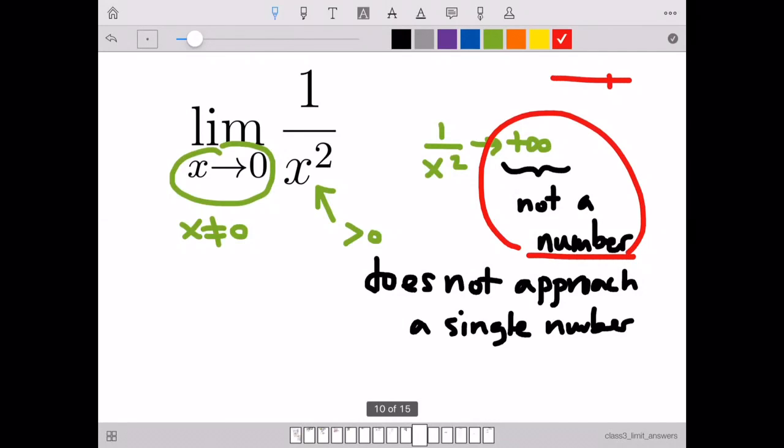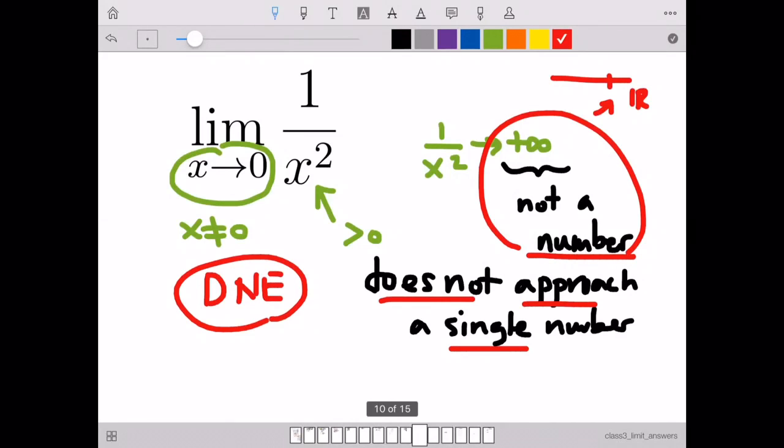It is not a certain number on the real line, right? So it does not approach a single number. Therefore, we can say the limit does not exist. Later in class number 4, we will talk about limits as x goes to infinity. But for now, it does not exist because it does not approach a single number.